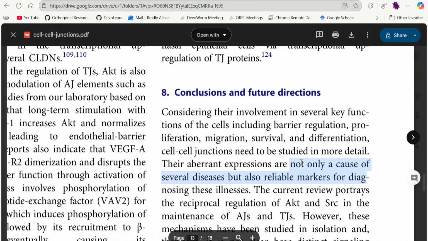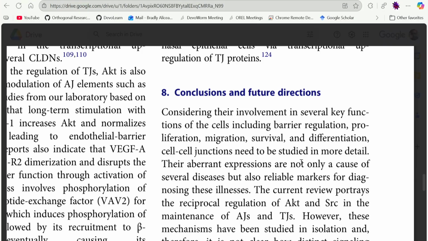So considering their involvement in several key functions of the cells, including barrier regulation, proliferation, migration, survival, and differentiation, cell-cell junctions need to be studied in more detail. Their aberrant expressions are not only a cause of several diseases, but also reliable markers for diagnosing these illnesses.